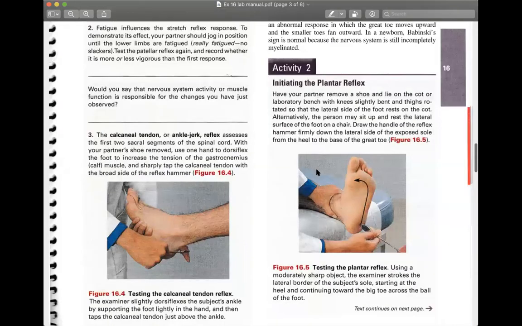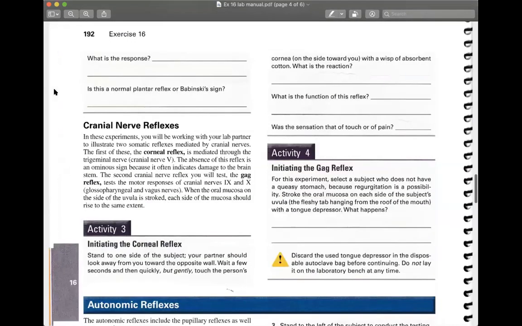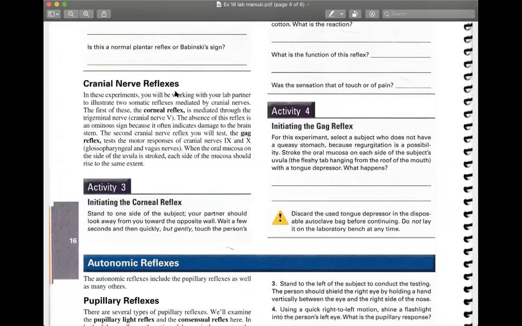Okay, those are all spinal. Now we're going to start talking about a cranial nerve reflex. These were reflexes that we did often on people who were approaching brain death when I was working in organ donation. As you see here with the corneal reflex, absence of this reflex is an ominous sign because it often indicates damage to the brain stem.